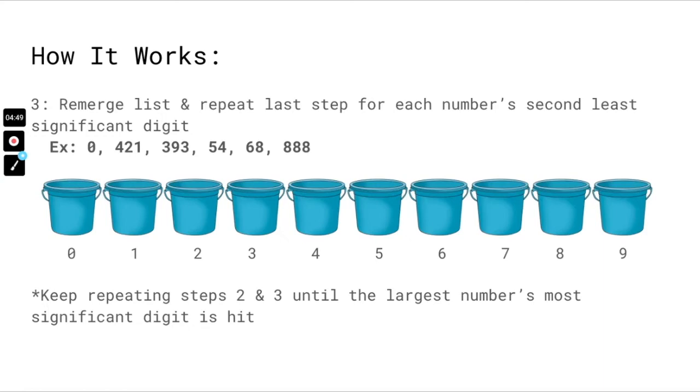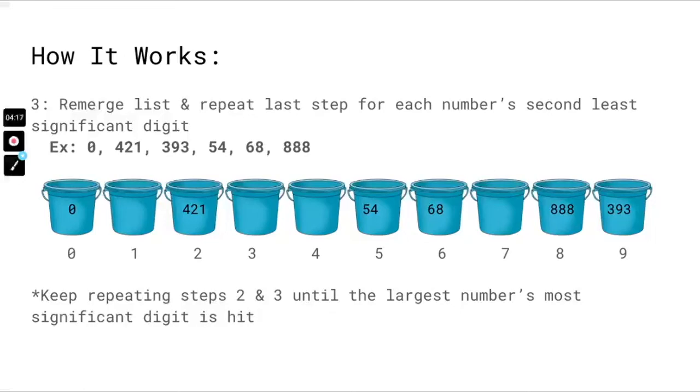So the last sort created the bucket array of 0, 421, 393, 54, 68, and 888, and then you again are going to repeat the last step, but based on the second least significant digit. So 0 will go in 0, 421 will go into 2, 393 will go into 9, 54 will go into 5, 68 will go into 6, and 888 will go into 8.